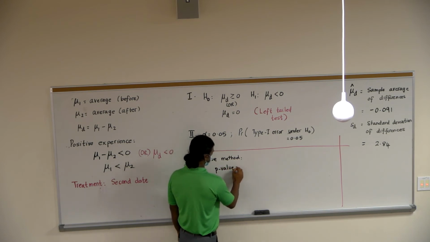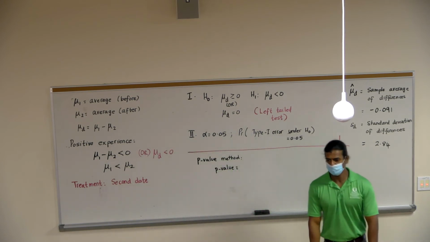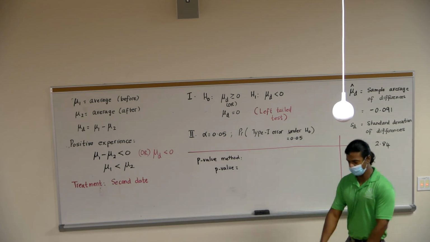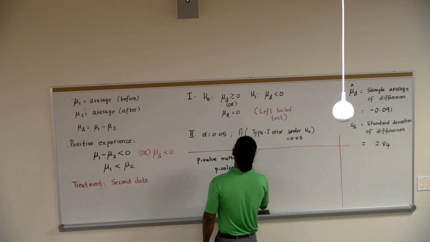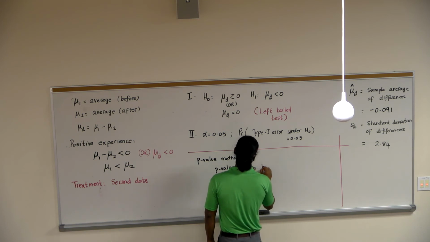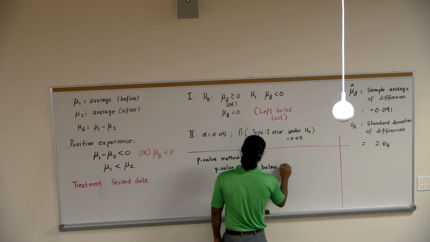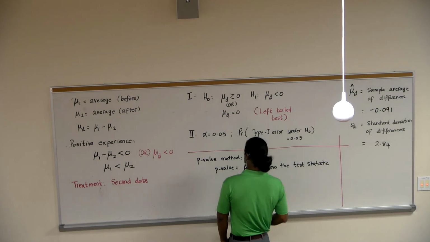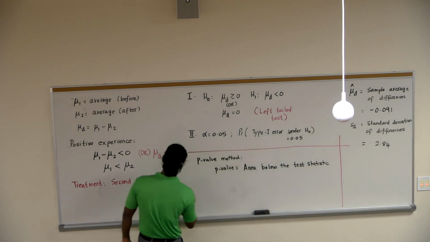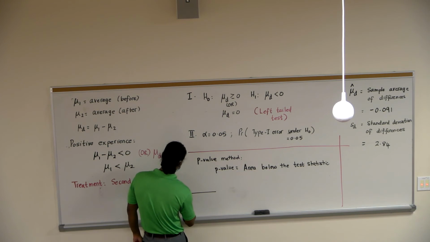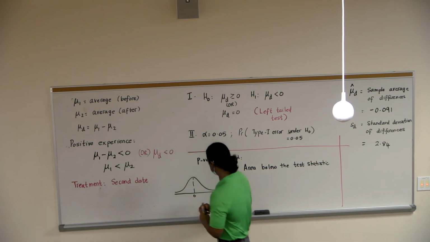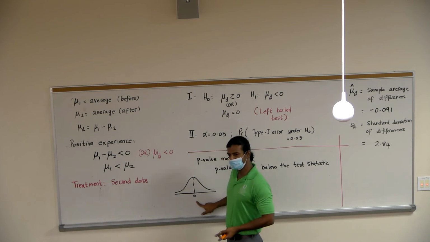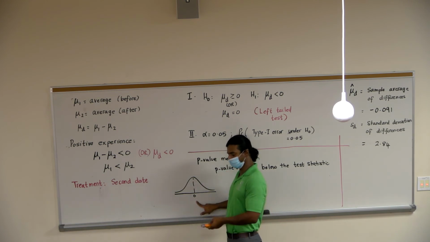Since this is a left-tail test, the p-value is simply the area below the test statistic. And it's the same bell curve looking thing, so at 0 right here, our test statistic is negative 0.11.